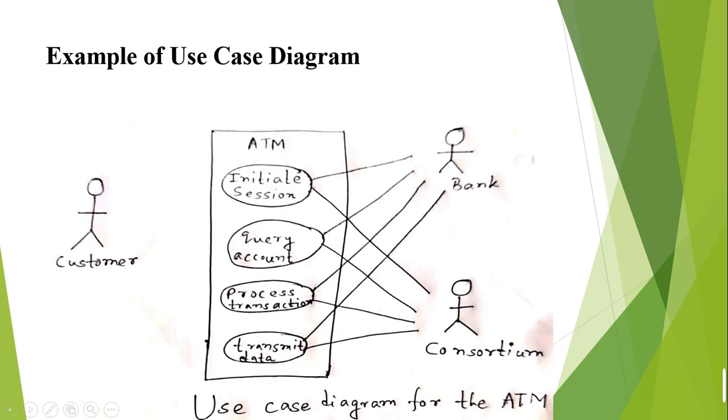The different functionalities are initiate session, query account, process transaction, and transmit data. The bank handles initiate session, query account, process transaction, and transmit data, and under the consortium actor this kind of process also comes. So it is giving you a view of the entire system so that you can understand how the actual system performs.